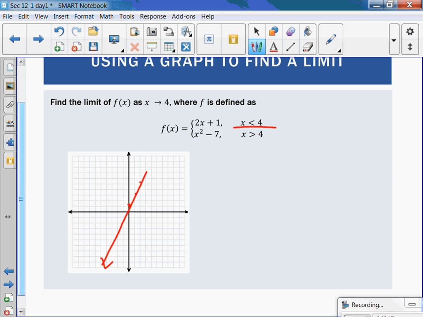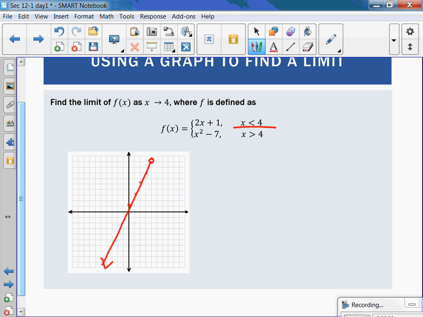What about that x squared minus 7? What do we have there? A parabola. Vertex where? 0, negative 7.